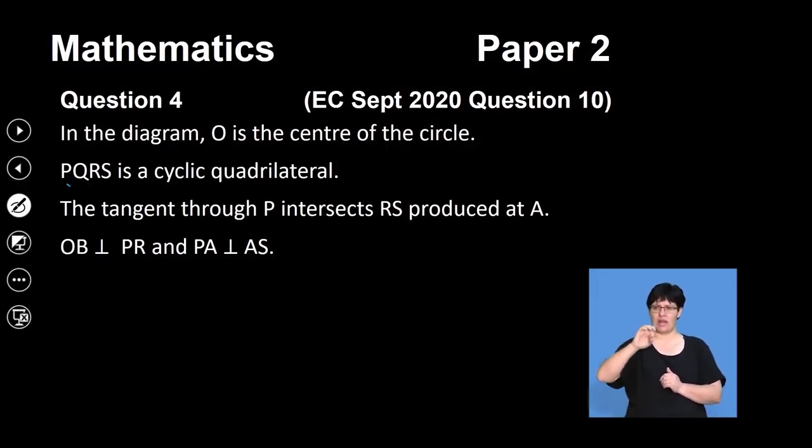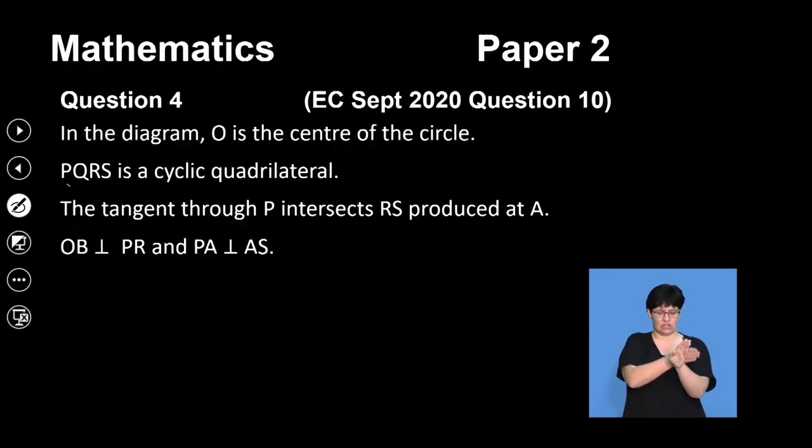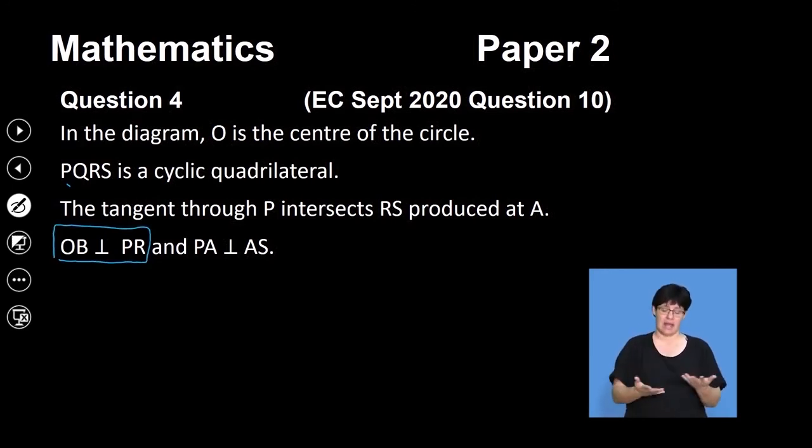And then we have the tangent through P intersects line RS produced at A. Okay, so we have center, we have our cyclic quadrilateral, we have our tangents, and the last bit of information is that OB is perpendicular to PR and that PA is perpendicular to AS.